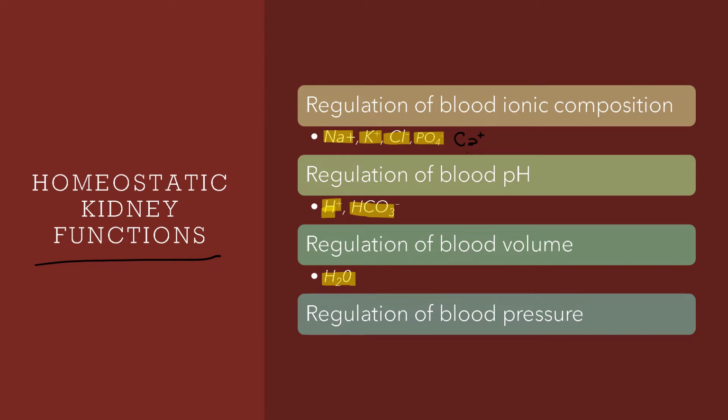The next homeostatic kidney function is the regulation of blood pressure. The kidneys will also help to regulate blood pressure by secreting the enzyme renin. Renin activates the renin-angiotensin-aldosterone pathway.